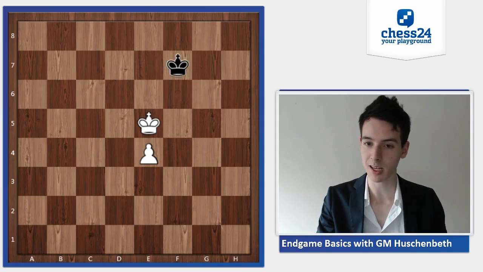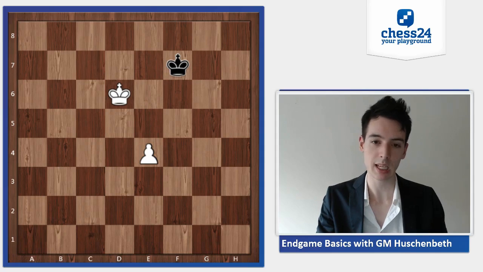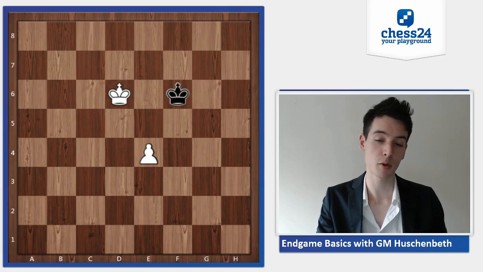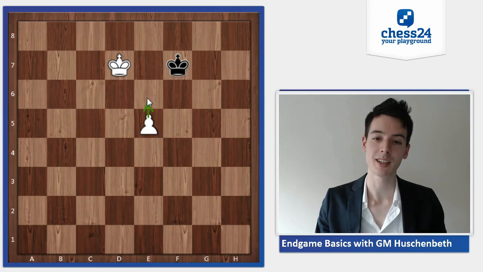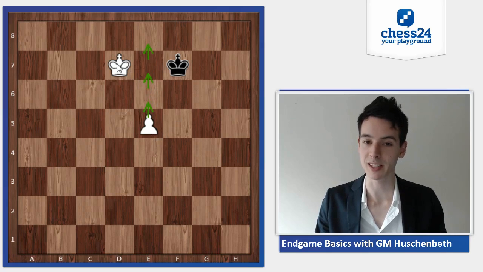King f7 and now king d6. If now the black king comes forward, of course e5 check, the king can be pushed, and now king d7, and there's absolutely nothing black can do against the next move, e6, e7, e8. And you can see how important it is that the white king is now controlling the square e8.